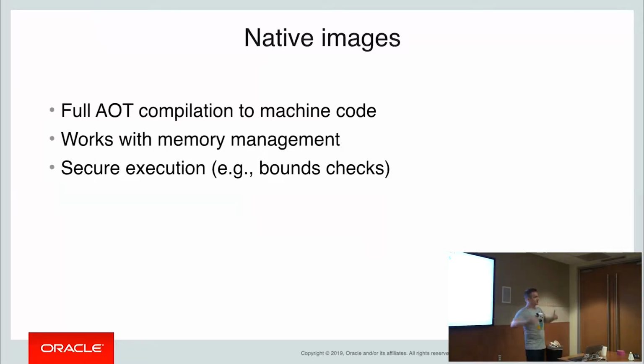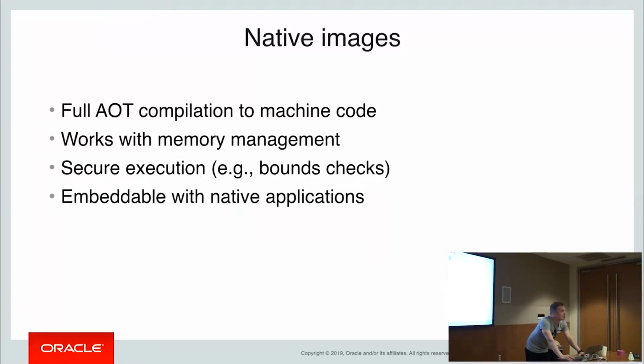So if you have a race, it's not going to read random information outside of the race, because it takes the Java code and translates that to machine code, so it executes within the boundaries. So if in the Java code there were range checks and type checks and so on, those will be translated as well. And the result is embeddable in native applications, right?